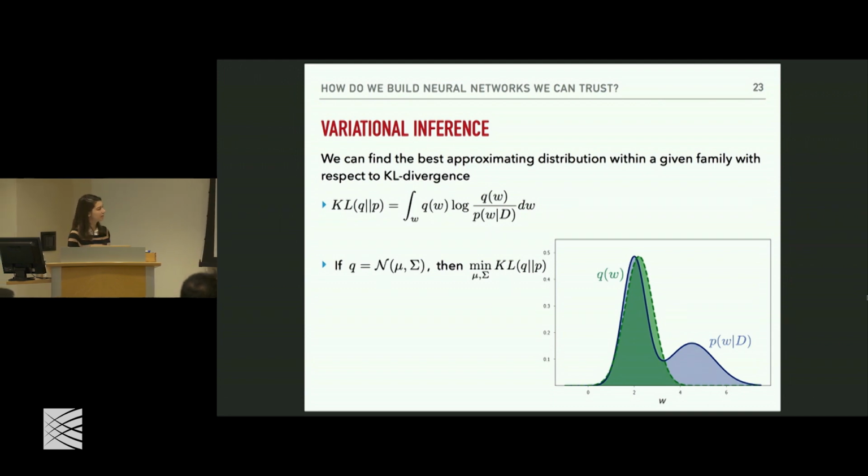In the case of Gaussian approximation, we find the best mean and covariance matrix that describe this distribution. The KL divergence is not symmetric, so it has different properties whether we minimize it in this way or the reverse way. In this case, we expect the Gaussian approximation to roughly cover one of the modes as well.